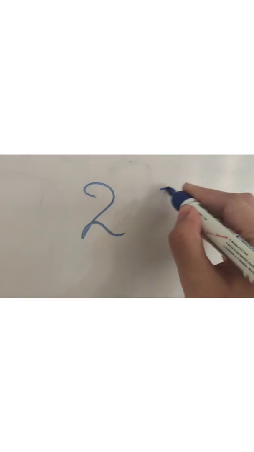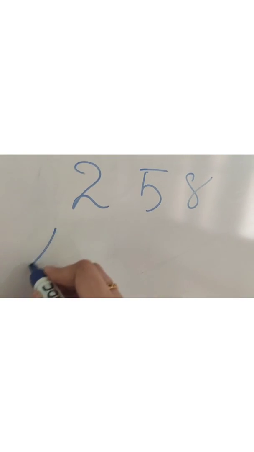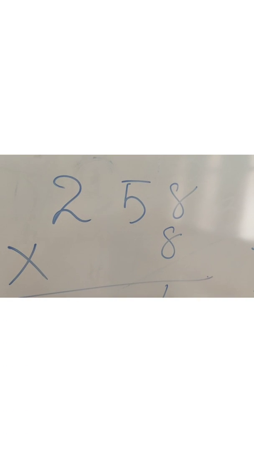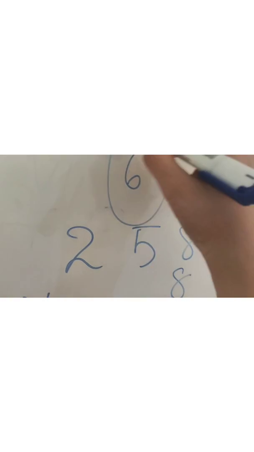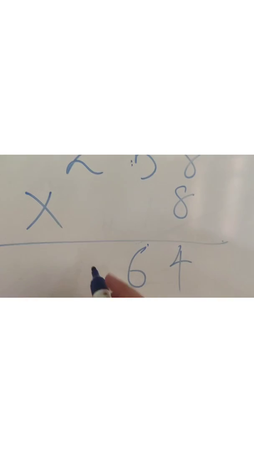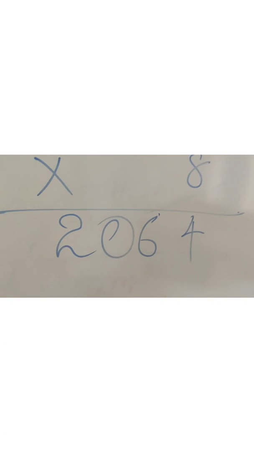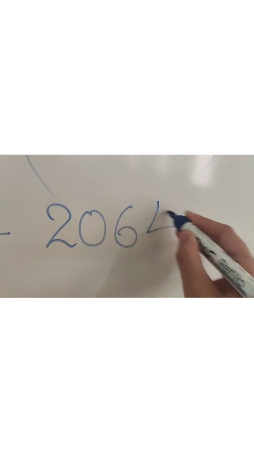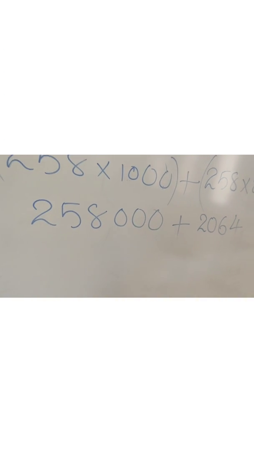So let's multiply and check. 258 multiply by 8. 8 8s are 64, 4 down, 6 up. 8 5s are 40, plus 6, 46, 4 up. 8 2s are 16, plus 4, 20. So 2064.